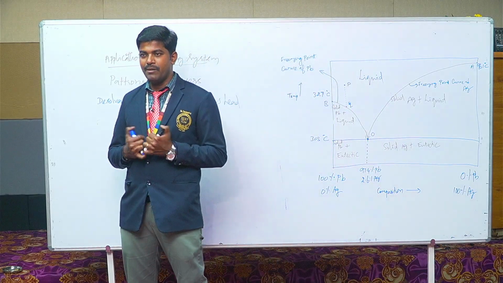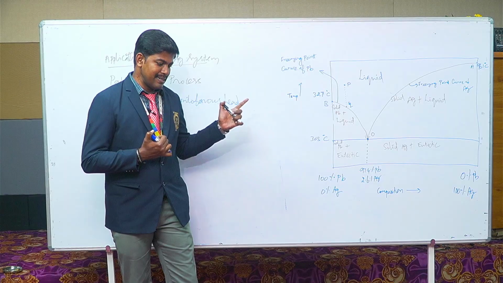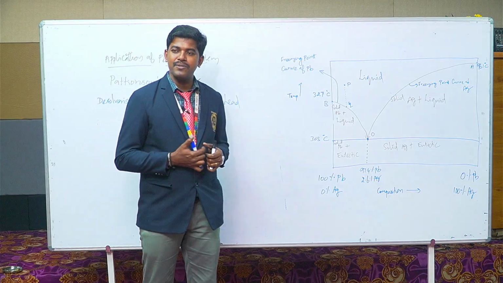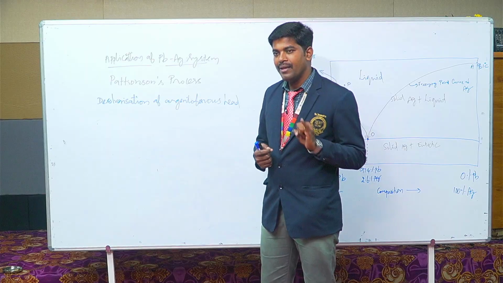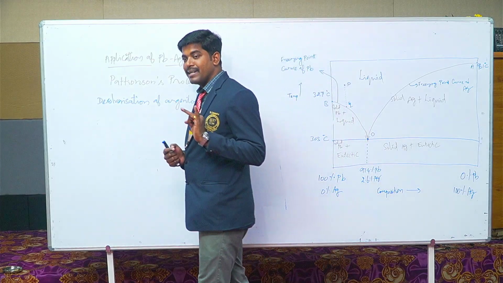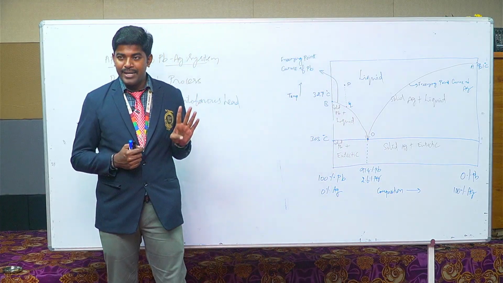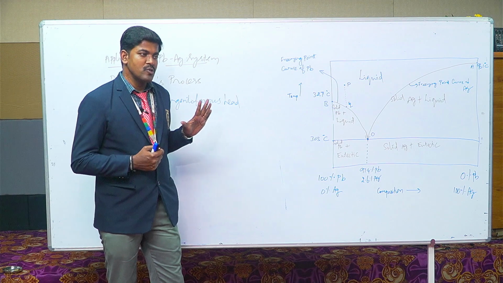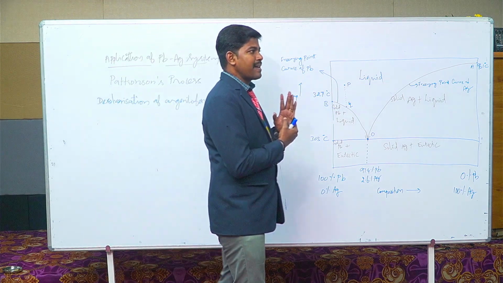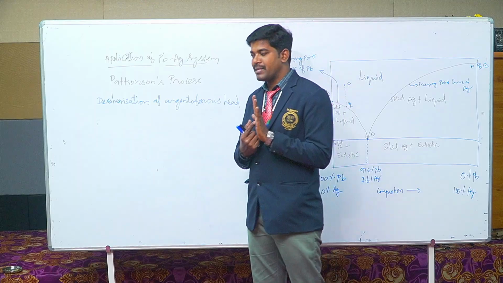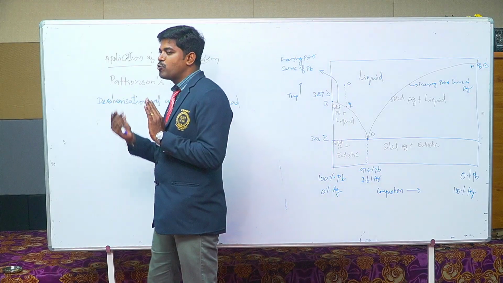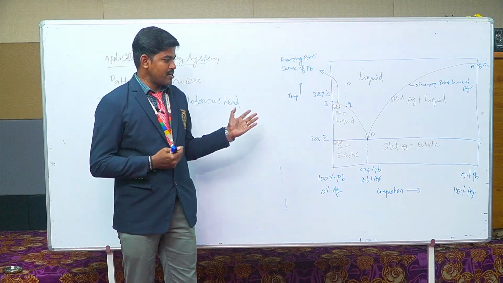Just to recall, we discussed the phase, component, number of degrees of freedom, phase rule and reduced phase rule. These basic terms I explained with simple examples, and then we moved to the diagram part.